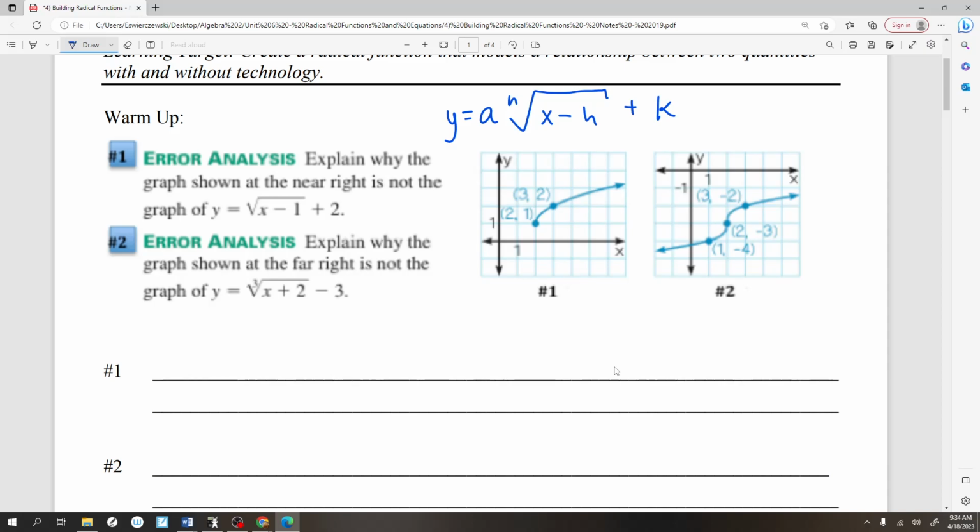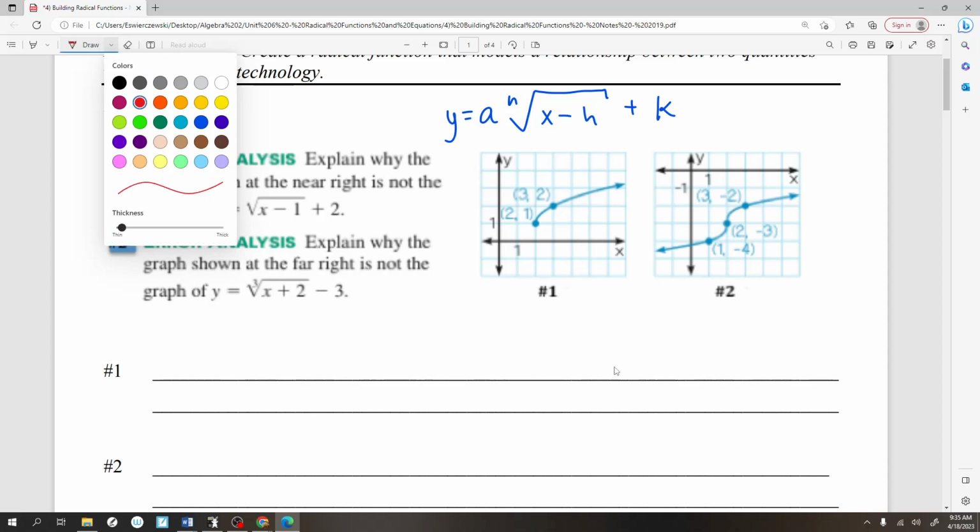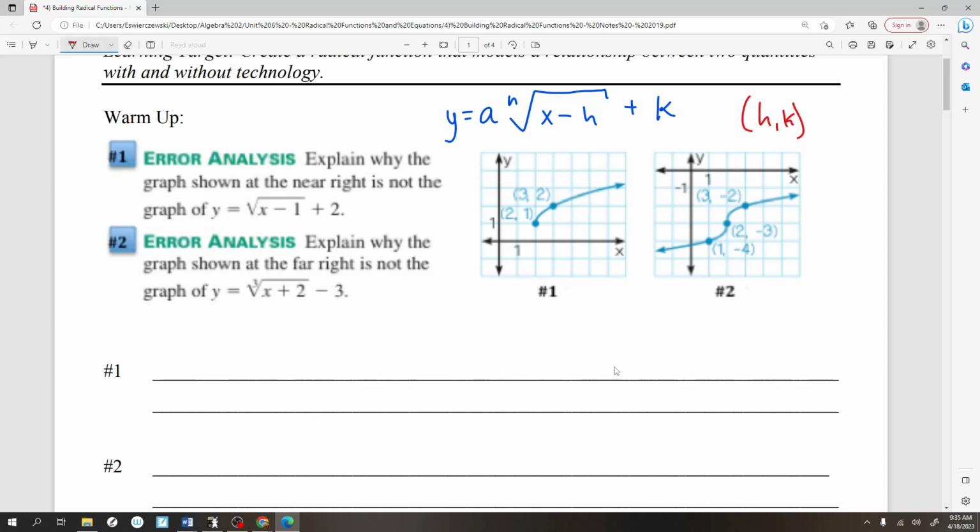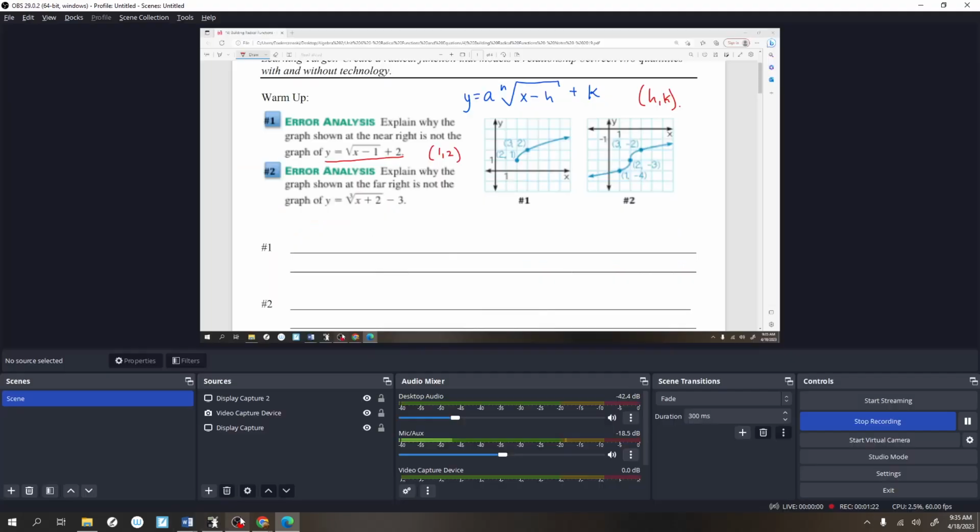And recall, this will have a center or starting point at h comma k. So if we take a look at the function, this should have a starting point of 1, 2.